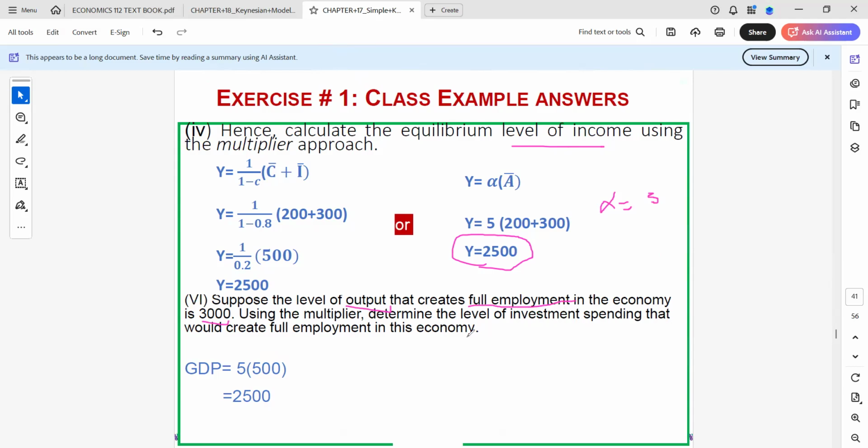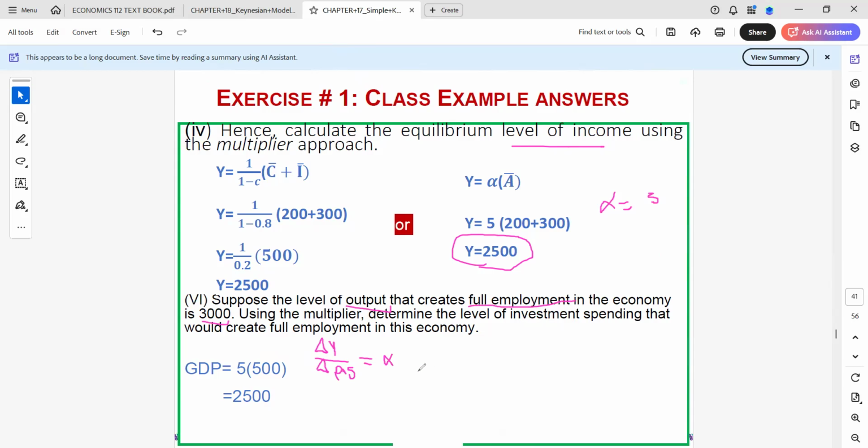Another formula you can use to calculate the multiplier is a change in income over a change in autonomous spending, any component of aggregate expenditure that is autonomous, equals the multiplier.